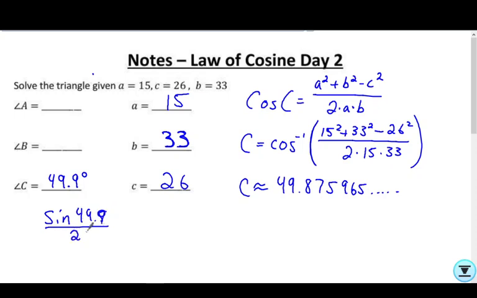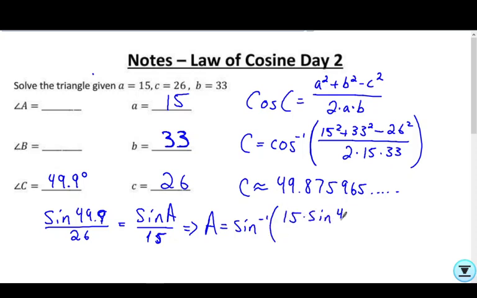So using the law of sines, since I have my ratio here, 49.9 over 26 equals sine of A over 15. Then you solve for angle A, which is going to be equal to inverse sine of 15 times the sine of 49.9 over 26, which is approximately 26.1769.